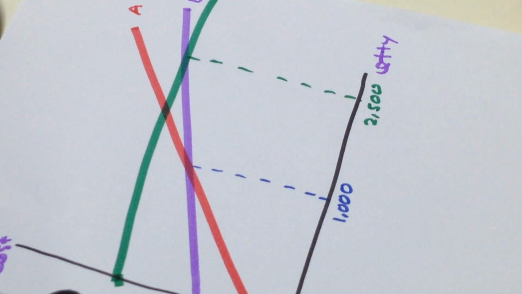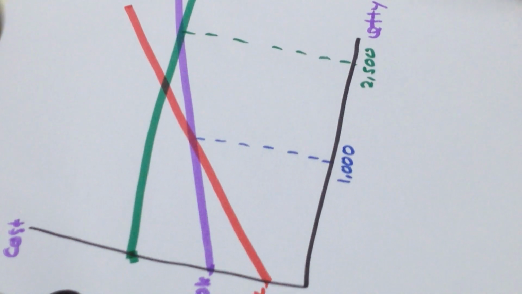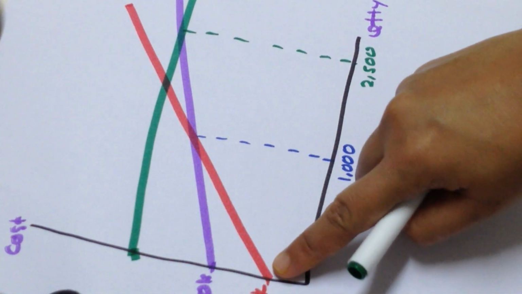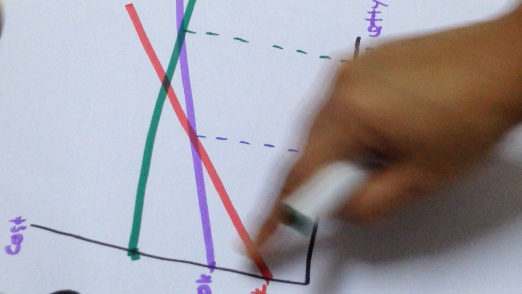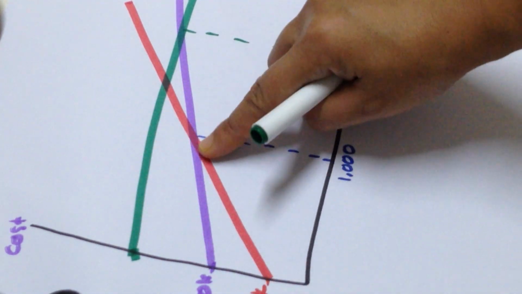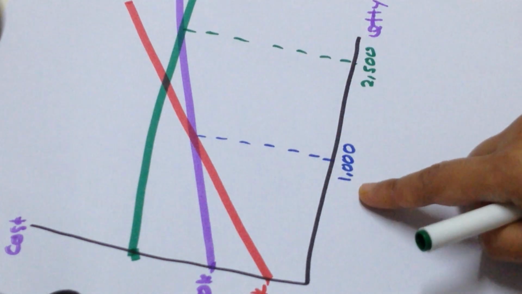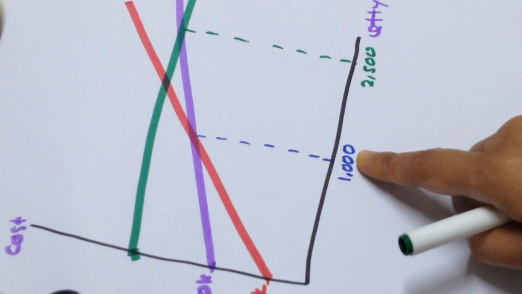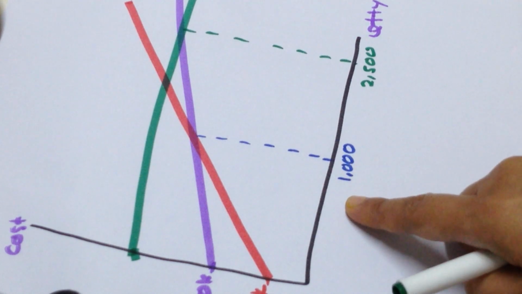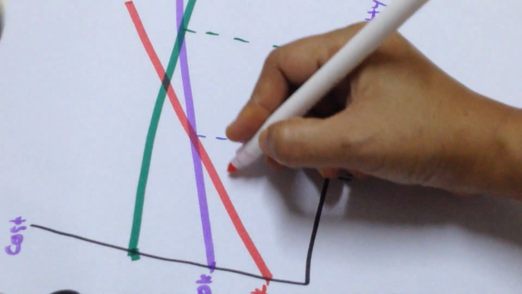Alright, so how do we interpret the graph? If you can see the lines here, between these three lines the lowest line is Akron. If you wish to produce 1,000 units and below, Akron is the best.